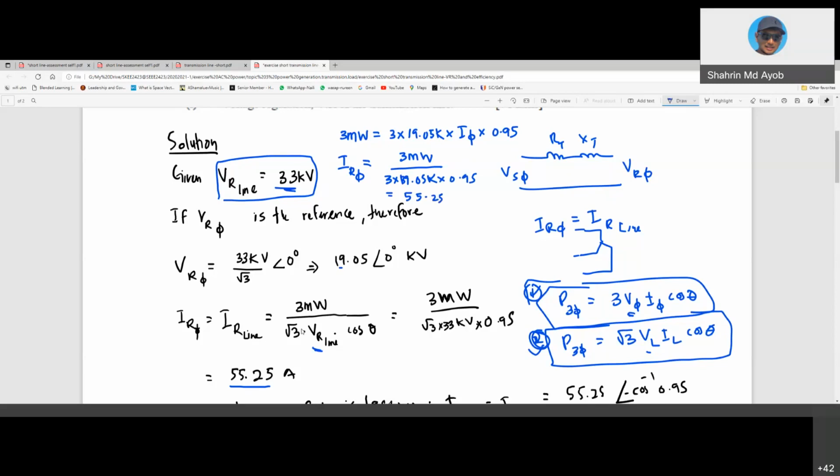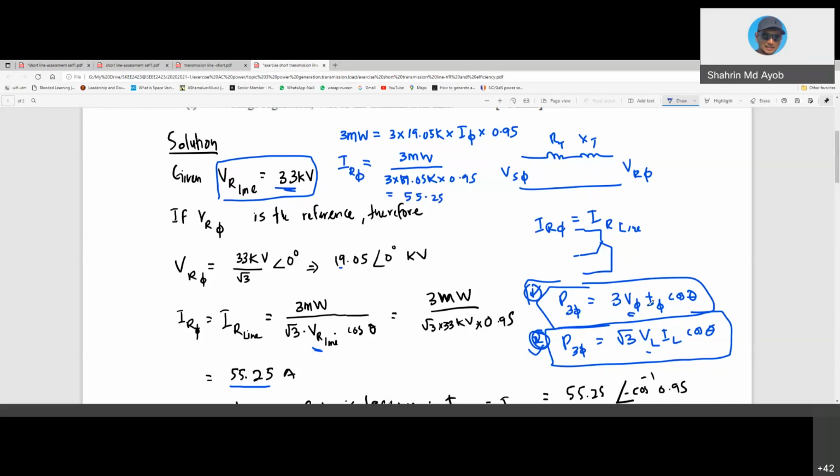Can you calculate and verify it for me? 3 megawatt over 3 over 19.05 kilovolt over 0.95. You should get the same answer, 55.25.